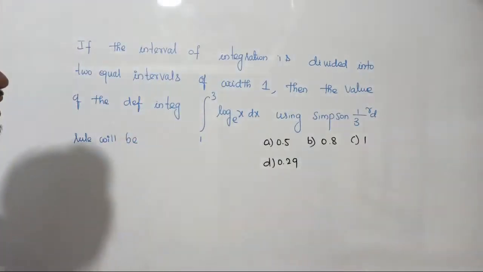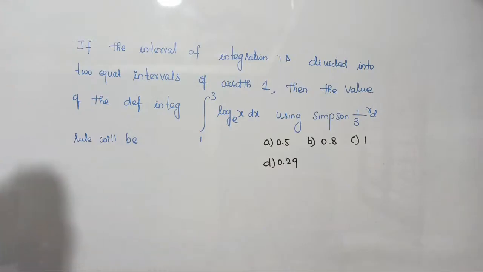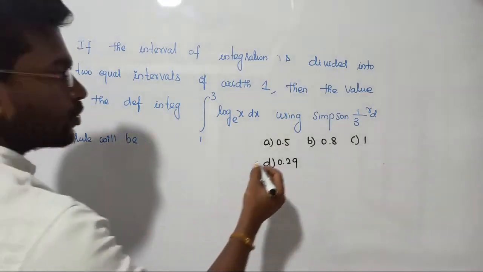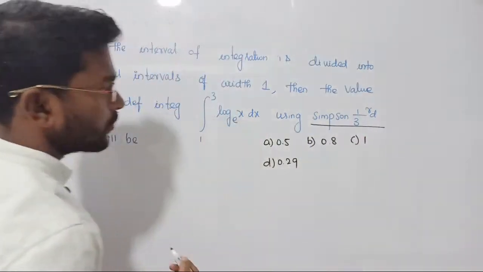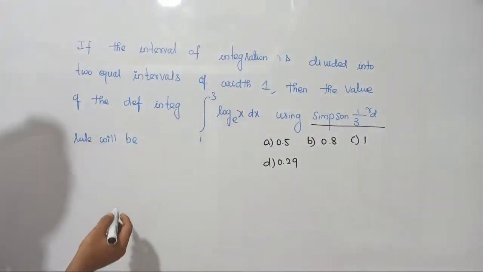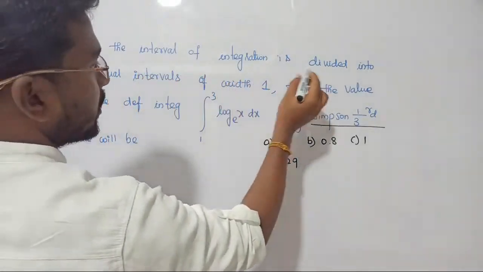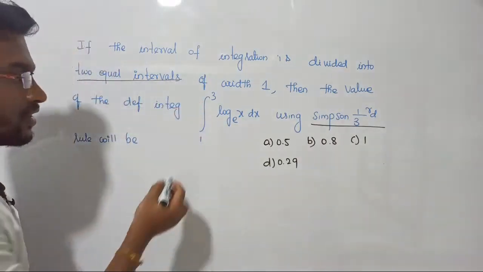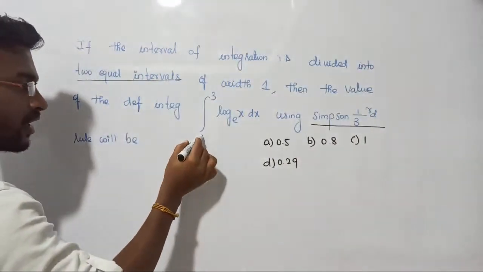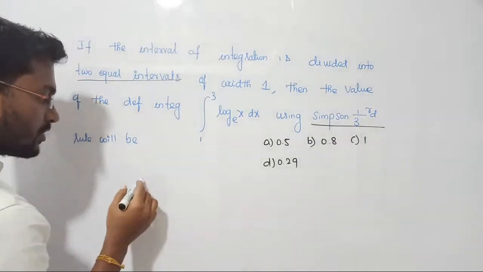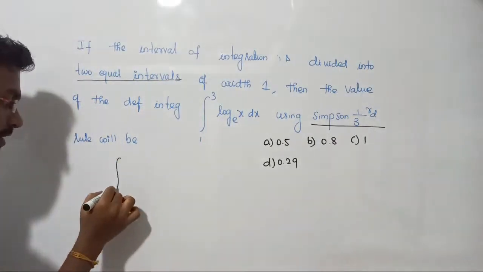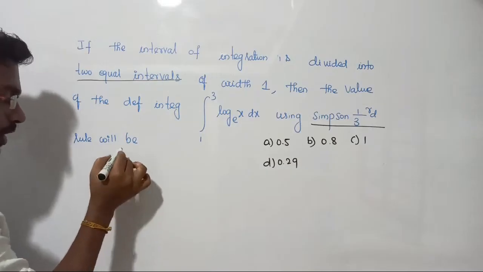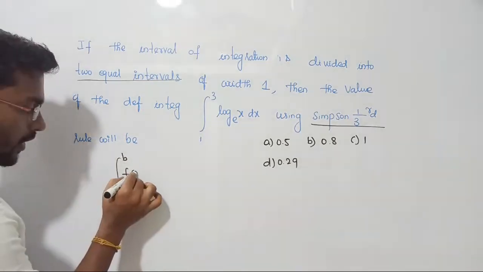Now how will you bring the answer for this function? First of all, we are supposed to use the Simpson 1/3 rule. The definite integral is given, and the interval of integration is divided into two equal intervals of width 1. Guys listen, usually we write the integration from a to b of f of x dx.